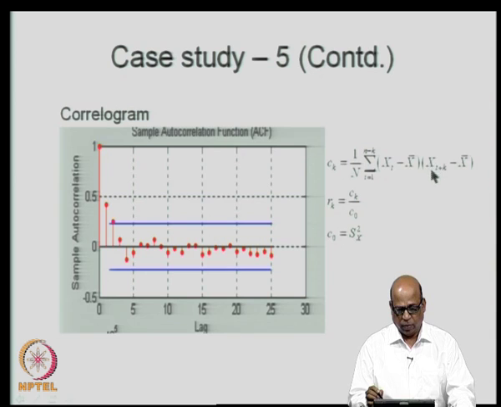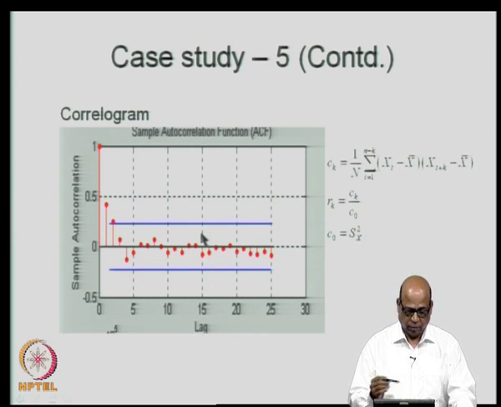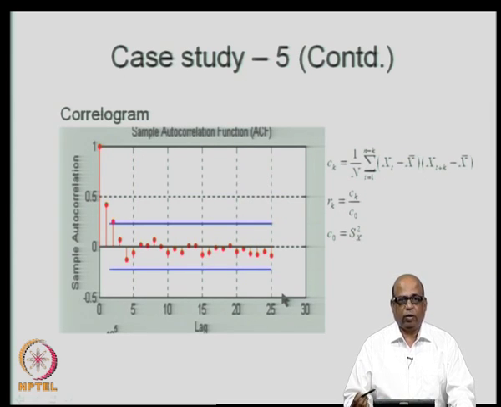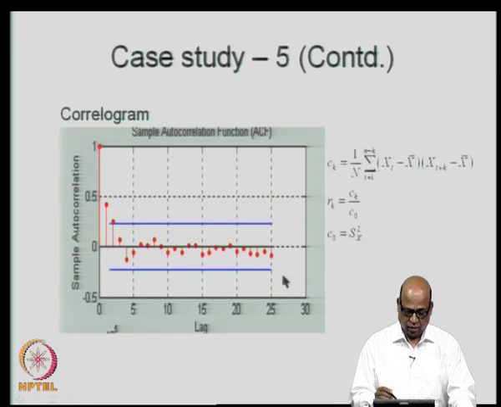So, summation of x t minus x bar into x t plus k minus x bar by n, and then R k, which is the estimate for lag k correlation, you simply get it as C k by C naught, where C naught is the variance S x square of the process that you are considering. So, this is how you get R k. This is the plot between R k and k, and typically we go up to about 25% of the data, so 0.25 n I have gone for the correlation.